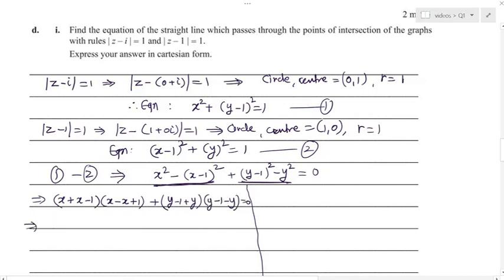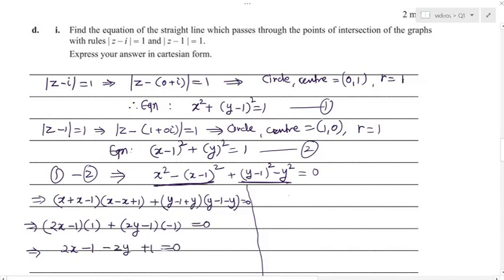This gives you (2x − 1) times 1 plus (2y − 1 − 1) equals 0, and that gives you 2x − 1 − 2y + 1 equals 0.